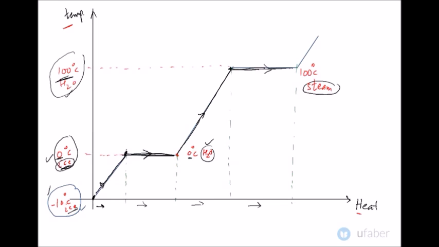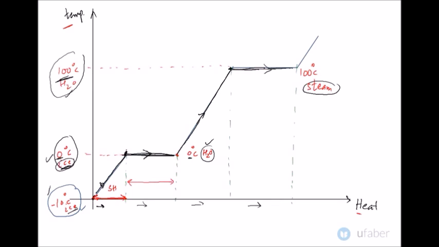Now what are these two kinds of heat actually? So if you look at this heat, what is happening? There is no change of phase, but there is some temperature change. This kind of heat is called sensible heat. Okay, now if you look at the second one, in this there is no temperature change, but there is some state change.